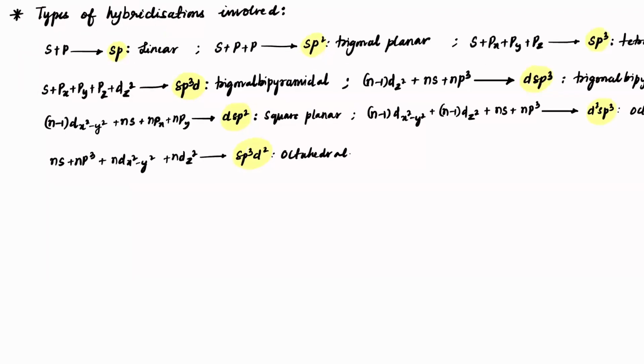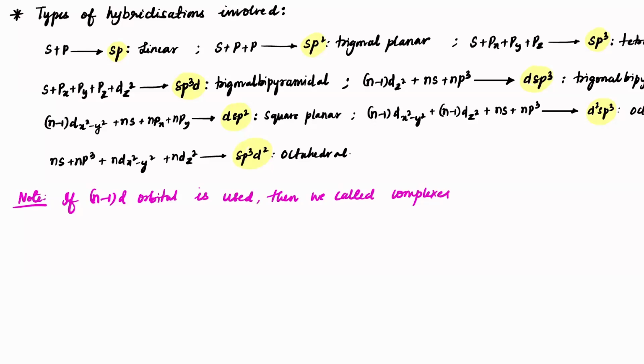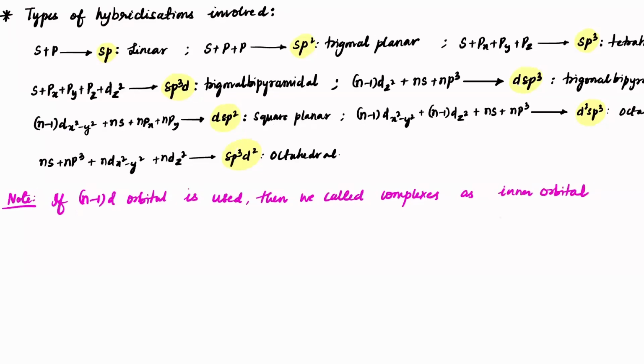Now, one important note here is, if the n minus 1 d orbital is used for hybridization, then we call these complexes inner orbital complexes.